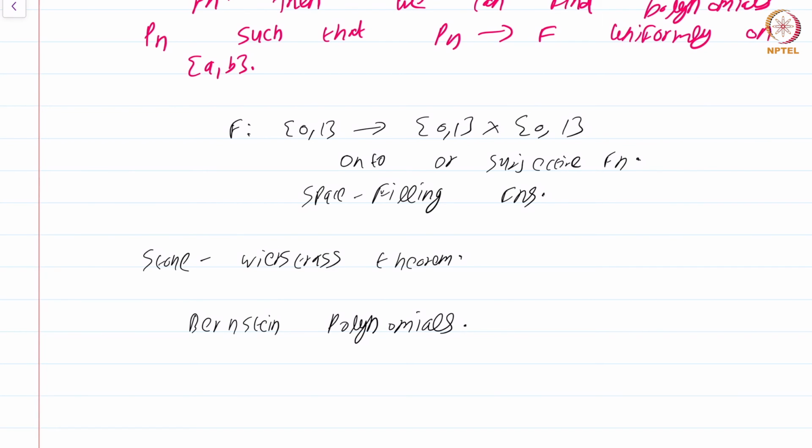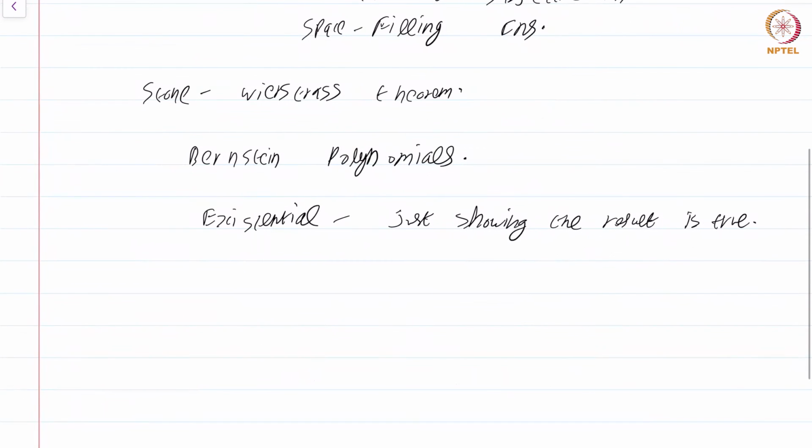What do I mean by an existential proof? An existential proof is just showing that the result is true. What I mean by that is, I do a bit of analysis and say that yes, of course, there are polynomials which do the job. But this gives you no idea how to compute those polynomials, right?